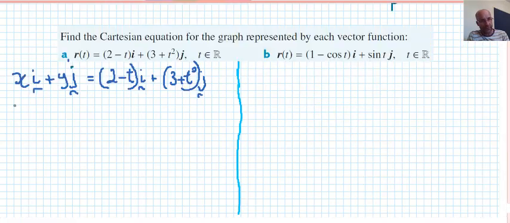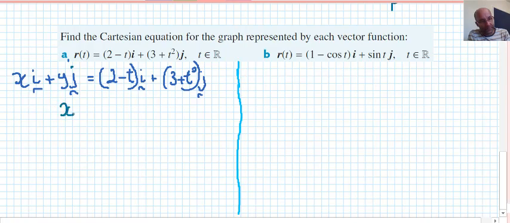So we've got to find the Cartesian equation for the graph represented by each of the functions given, where t is a real number. The first one there, I've started off, and we've got to let x equal 2 minus t, equation 1, y equals 3 plus t squared, equation 2.